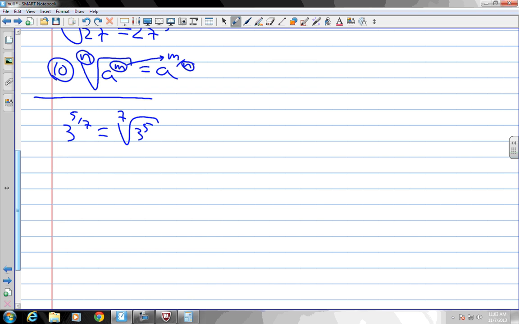Now, one thing here, let me show you these two things. Do you agree that 3 to the power 5/7 can be thought of as 3 to the power 5 times 1/7? Is that the same thing, mathematically speaking? When do we multiply exponents?